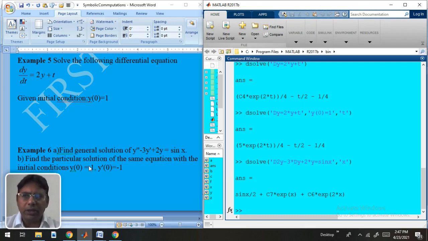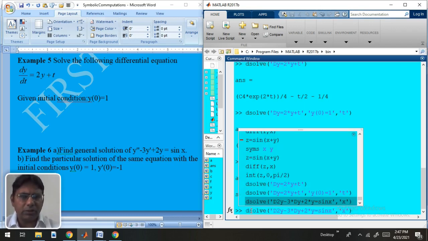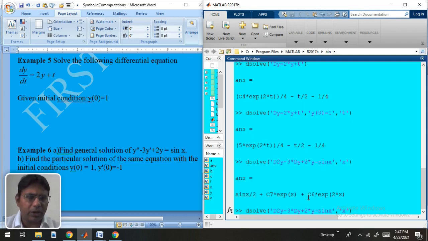If we want the particular solution for a given condition, here y0 is equal to 1 and y dash 0 is equal to minus 1, we can access the last command we have written with the help of the up arrow key.